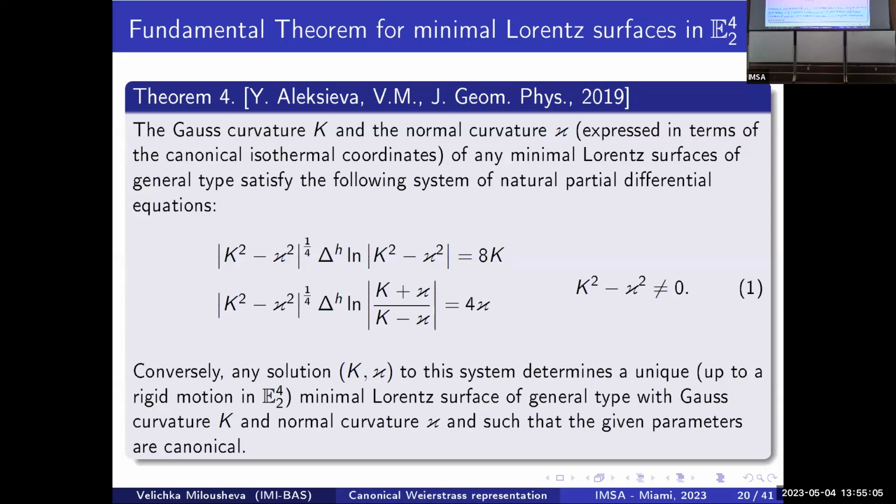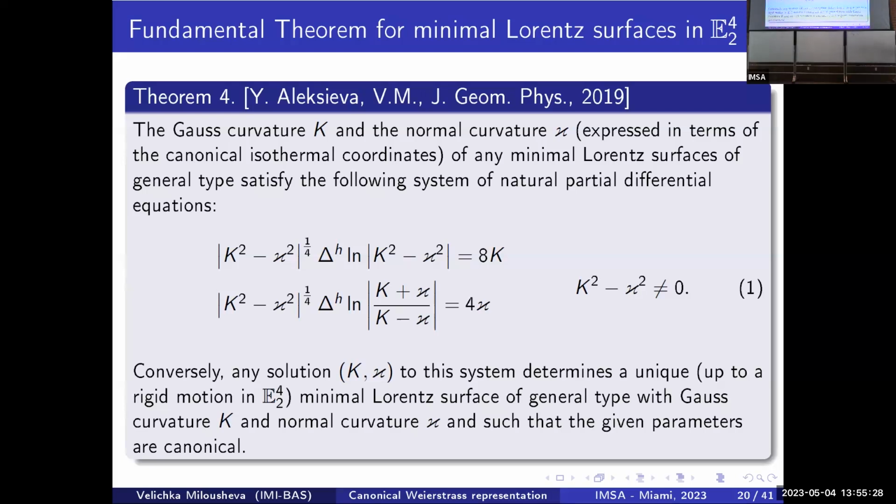This problem is solved for minimal surfaces in E^4 and space-like minimal surfaces in E^4_1 and E^4_2 by Georgi Ganchev and Krasimir Kanchev, and they use a special kind of Weierstrass representation which allows them to solve the problem.